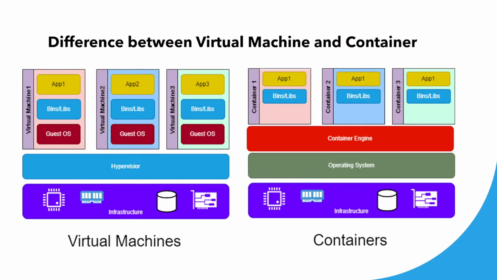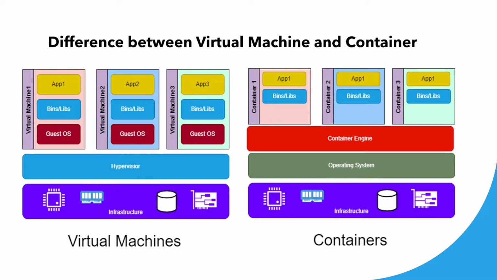One of the common questions we come across is: what is the difference between virtual machines and containers? As we see in the diagram, virtual machines contain the hardware infrastructure, which consists of compute, memory, storage and network. On top of that we have the hypervisor, that's the virtualization engine.